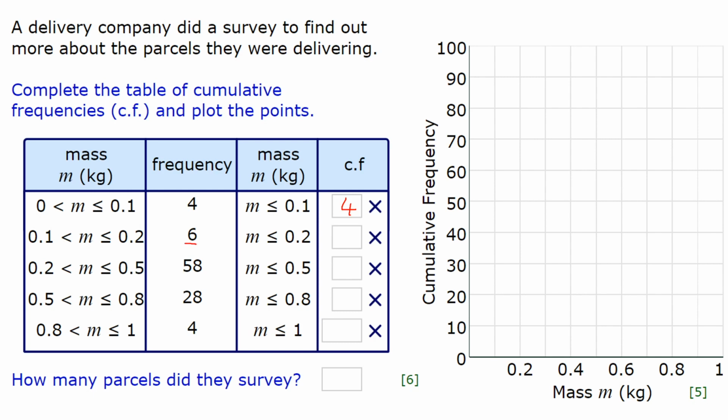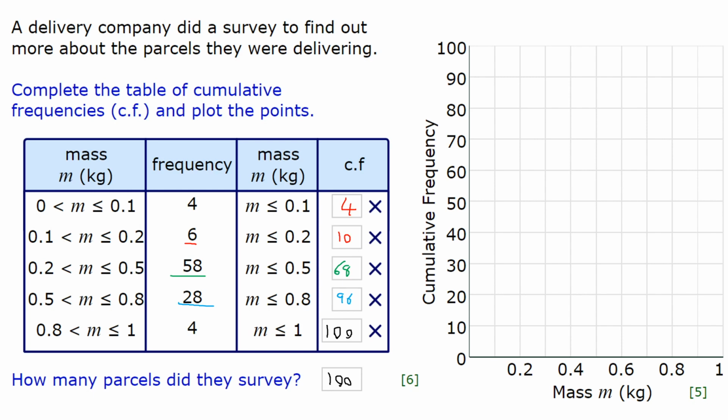So 4 plus 6 is 10, right? 10 plus 58 is 68. 68 plus 28 is 96. And then 96 plus 4 is 100. Okay, so we can say that they surveyed 100 parcels.